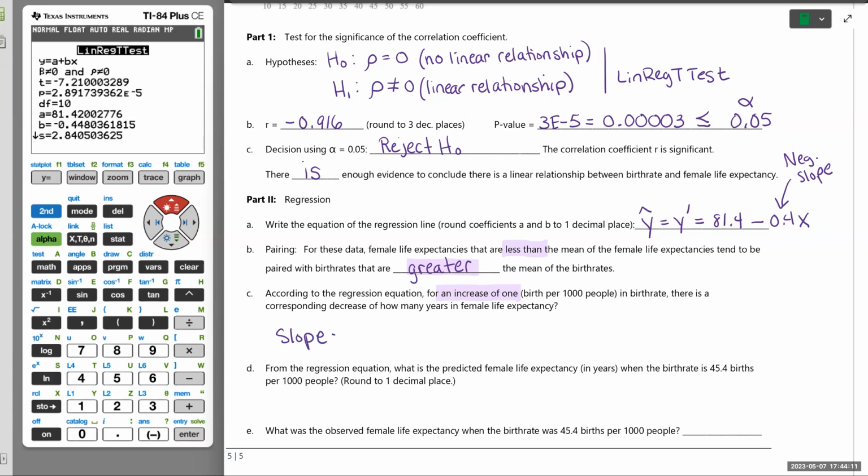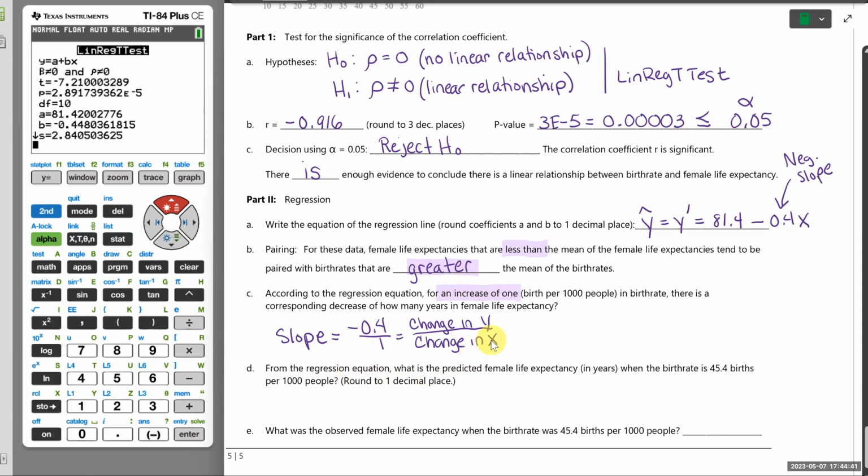The slope is, again, the coefficient of the x, the value for b. To interpret it, I'm going to write it over 1. So negative 0.4 over 1. Remember, slope is the change in y over the change in x. So when they're writing that statement, that increase of 1 is referring to the denominator.